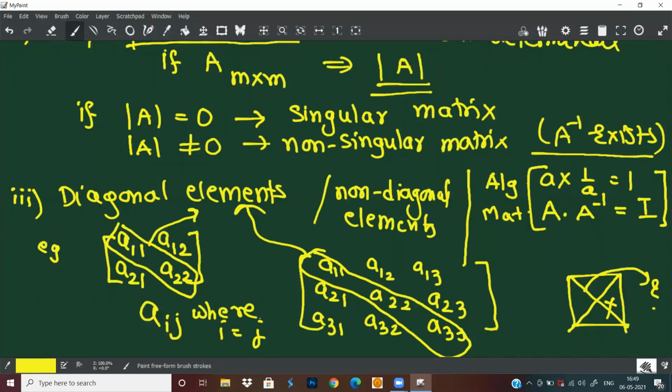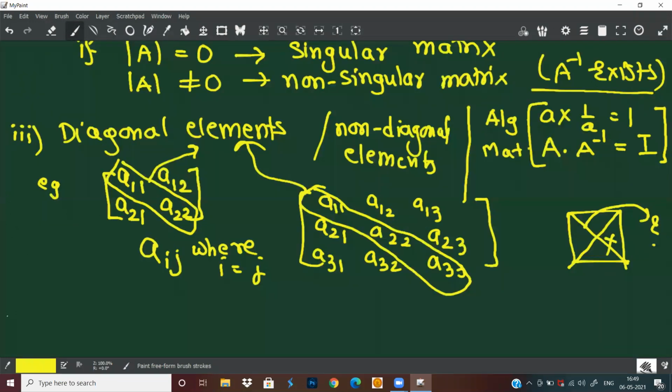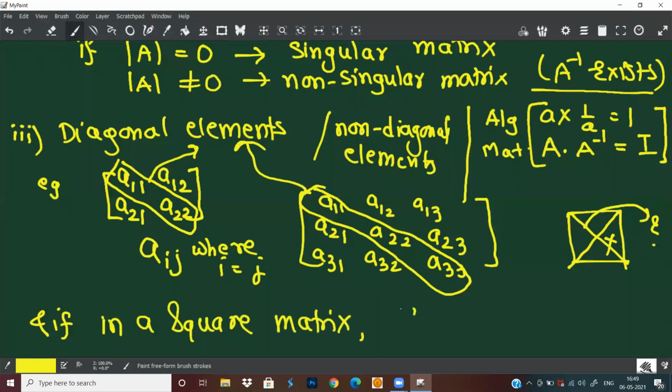So Aij where i is equal to j, they are called diagonal elements. And if in a square matrix Aij where i is not equal to j, they are non-diagonal elements.